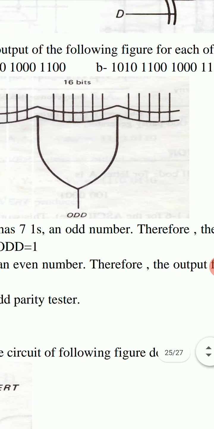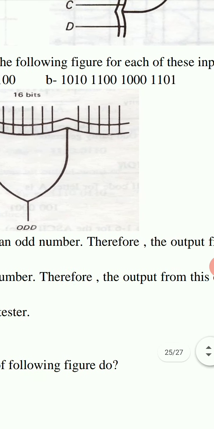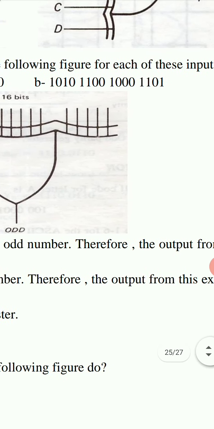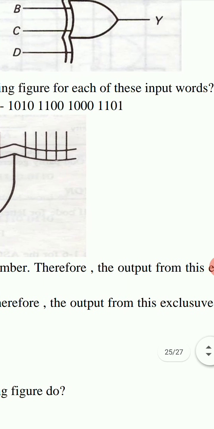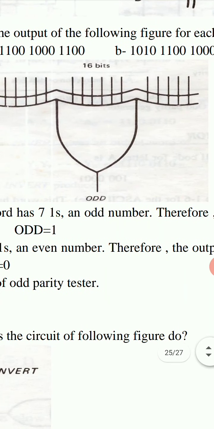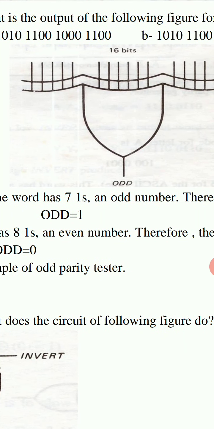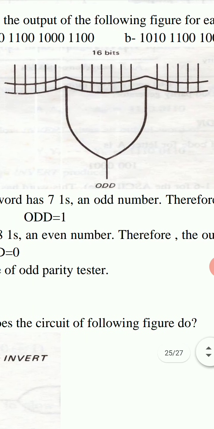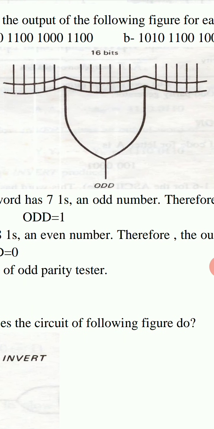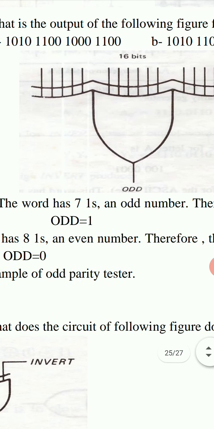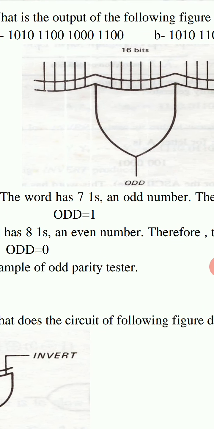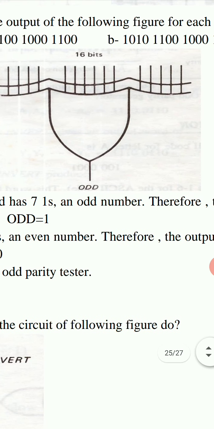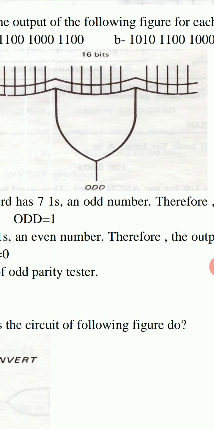And in second case, this input word is 16-bit word again, and now it is 1010, 1100, 1000, 1101. And this is exclusive OR gate. This is the symbol of exclusive OR gate. There are 16 input bits.